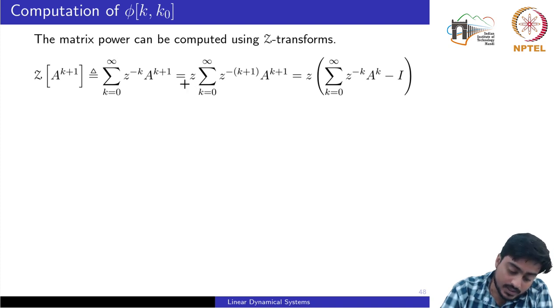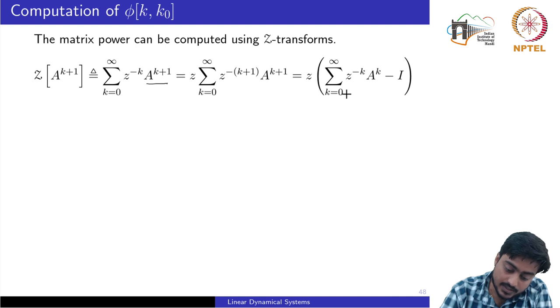Now see here, if I multiply and divide this expression by z, I can take z outside or inside of the summation, because I am taking the summation over k, not over z. So z is a constant for this summation. I multiply by z and divide by z, and I get z to the power minus k plus 1 into the rest of the part, that is A to the power k plus 1.